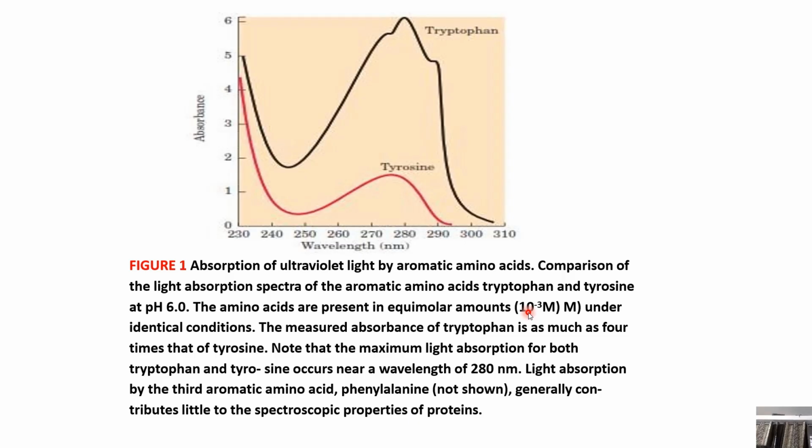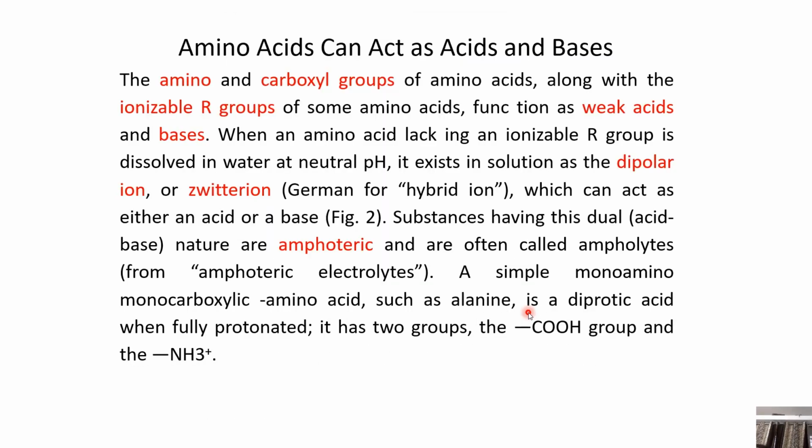Note that the maximum light absorption for both tryptophan and tyrosine occurs near a wavelength of 280 nanometers. Light absorption by the third aromatic amino acid, phenylalanine, which is not shown in this image, generally contributes little to the spectroscopic properties of proteins.